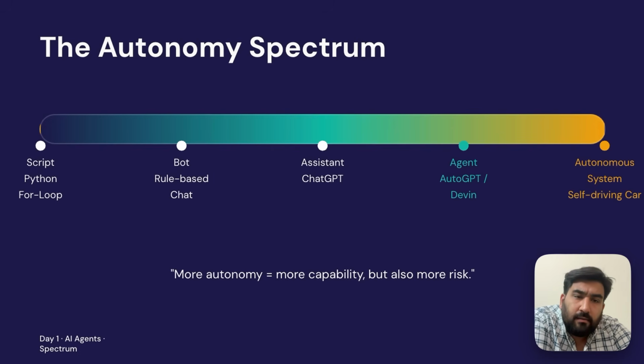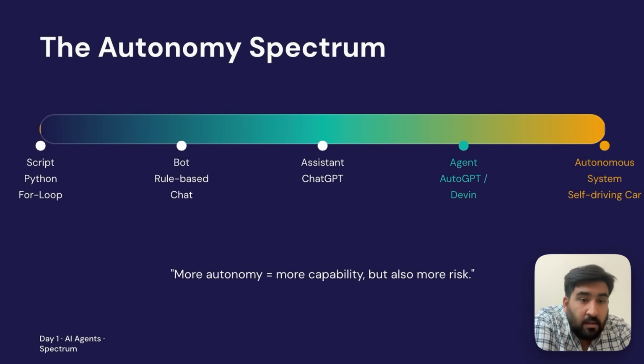On the far left we have a script, like a Python for loop script, from your first programming course. This is zero autonomy. It does exactly what you wrote, nothing more, nothing less, period. In fact, I would be surprised if it did something else.